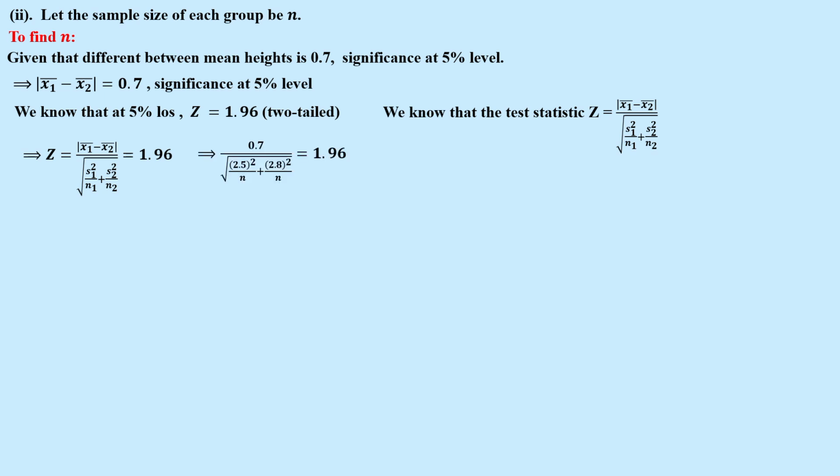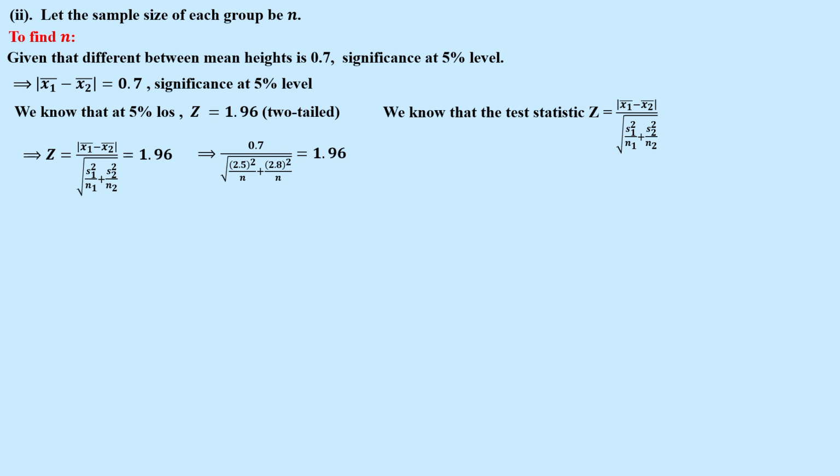The difference they have given is 0.7. S1 is 2.5, but n1 equals n2 equals n in the second case. Let the sample size of each group be n, that means n1 equals n2 equals n.